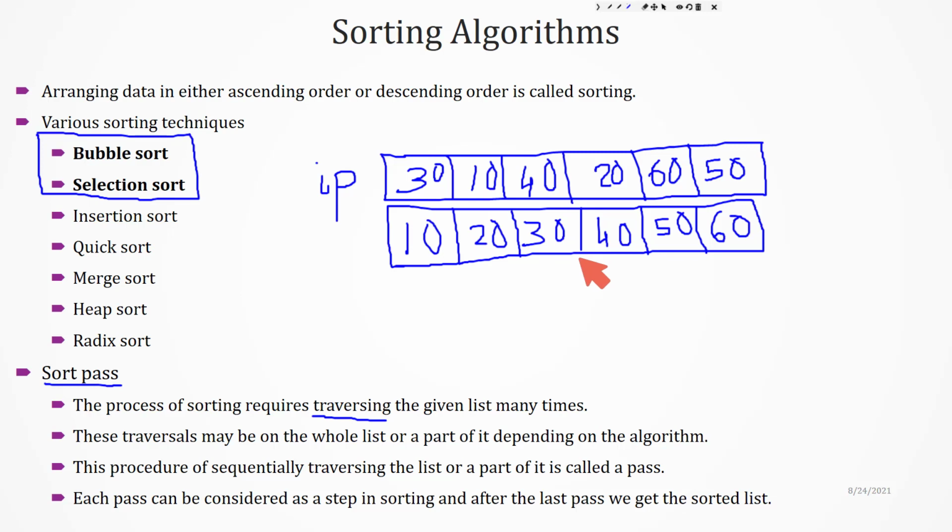In an algorithm there will be a number of passes. That's the thing you have to understand. After the last pass only we will get the sorted list. I hope you got some idea about sorting algorithms and what the purpose of sorting algorithms is.